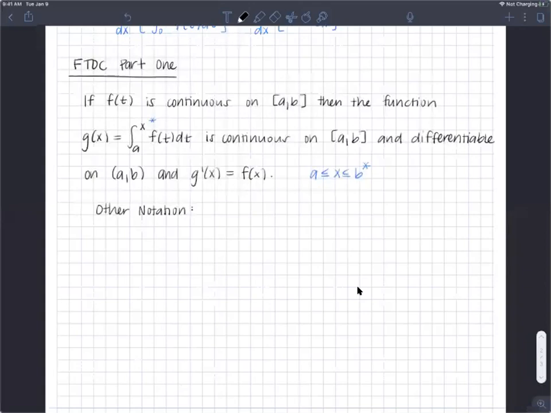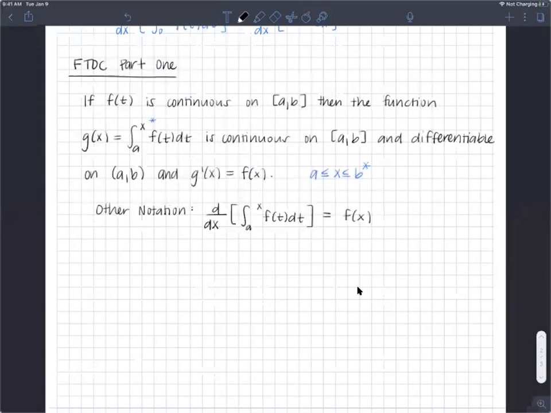Another way of writing this, other notation, is if you take the derivative, kind of that notation that I have up above, of the integral from 0 to x of f of t dt, or not even from 0, but from any a value, this is going to equal f of x. Actually, you know what?